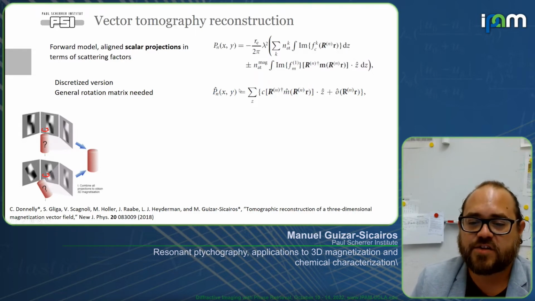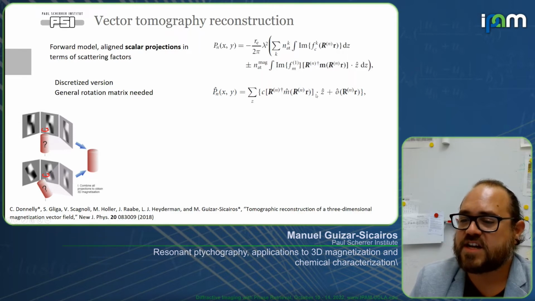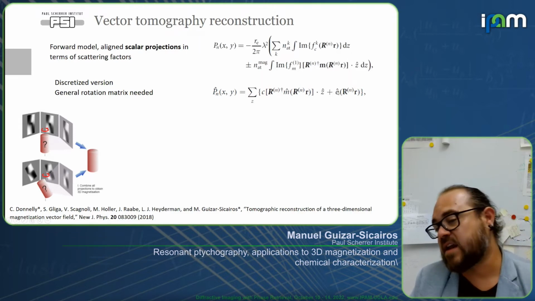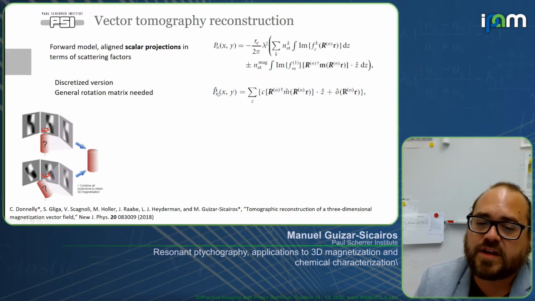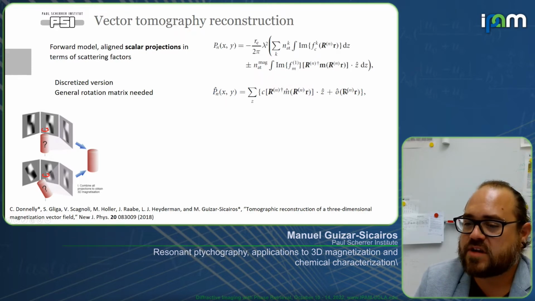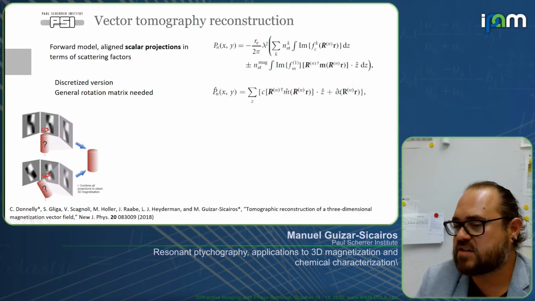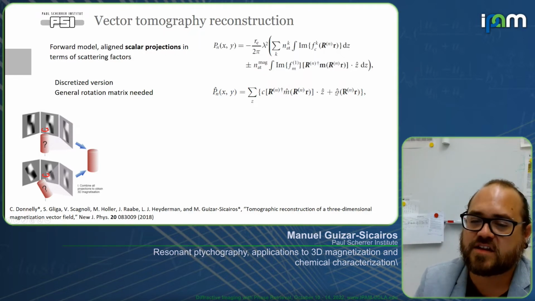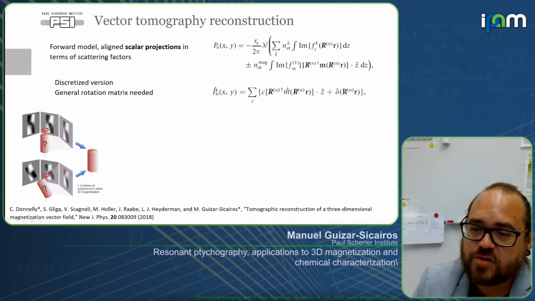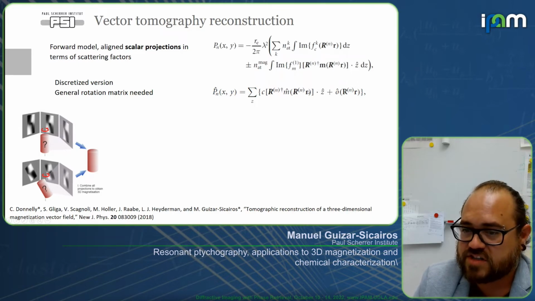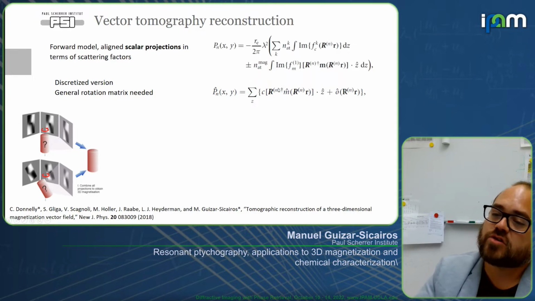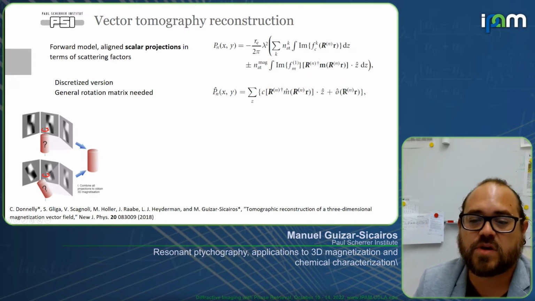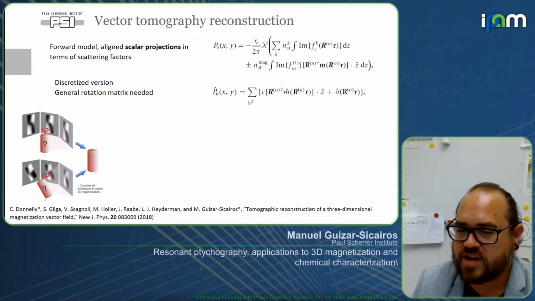So here we have the discrete projection in terms of the unknown magnetization and the unknown scalar contrast, normal absorption. For the nth projection, we use the rotation matrix to rotate the contrast of the non-magnetic component. For the magnetization part, we rotate the structure as well, and we have to add a rotation matrix outside in order to rotate the vector of magnetization. Then we integrate along the beam direction.